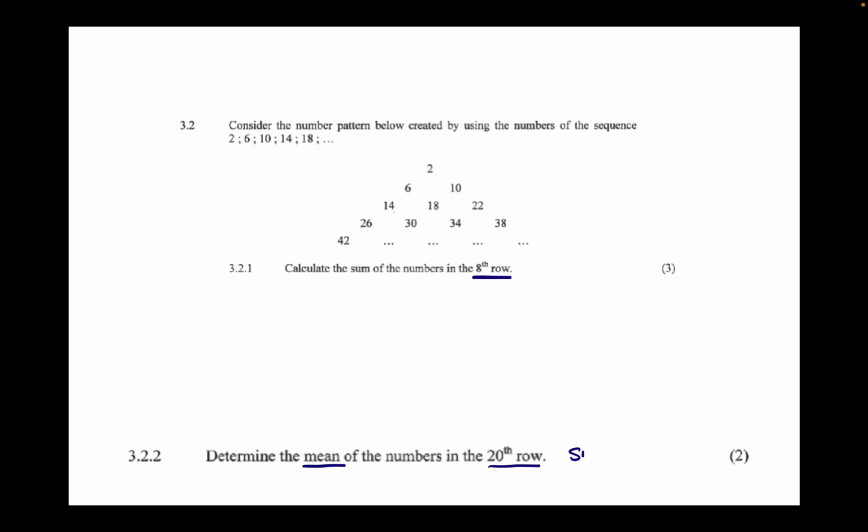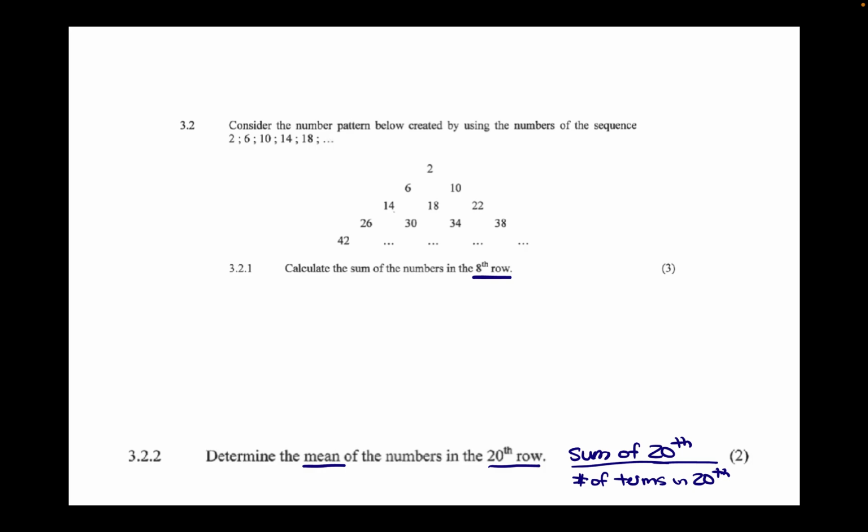Well, if I know the sum of the 20th row, I can divide it by the number of terms in the 20th row. So it really is related to the sum of the numbers in the 20th row.